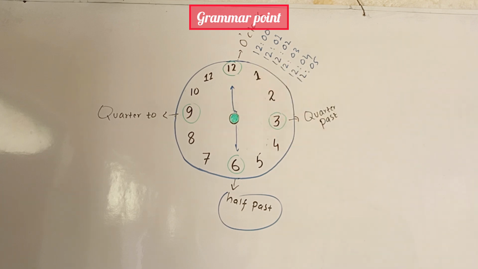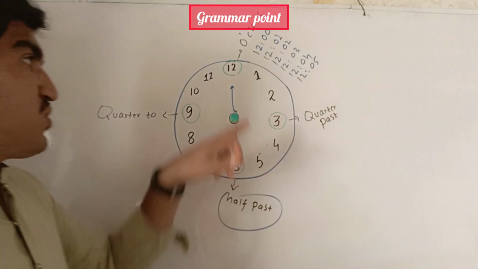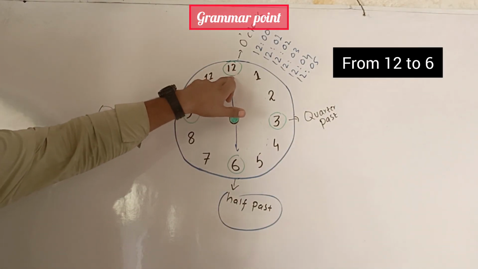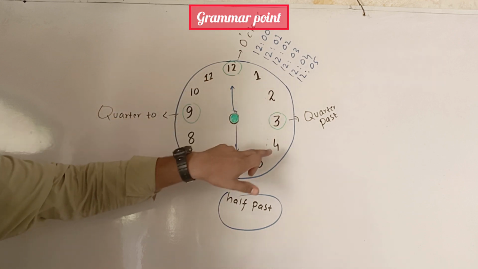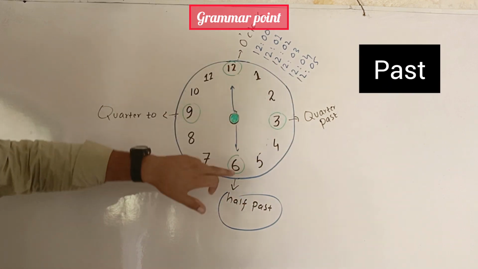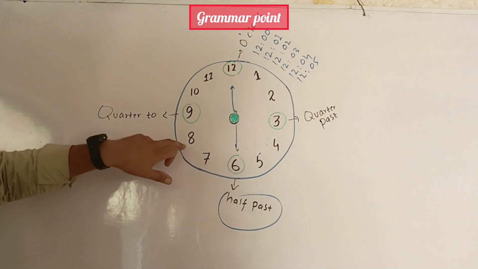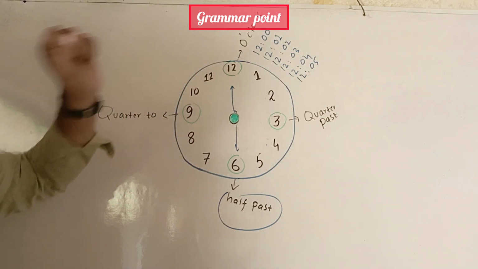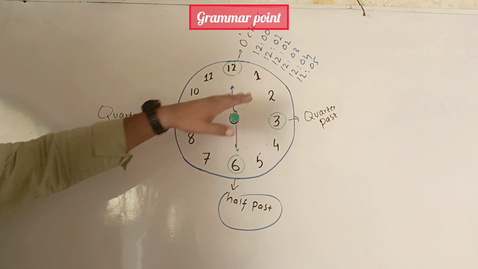Now from this point, from 12 to 6, we say past. After this point, 7, 8, 9, 10, 11, even up to 12, we don't say past.